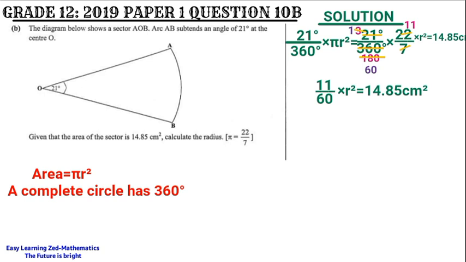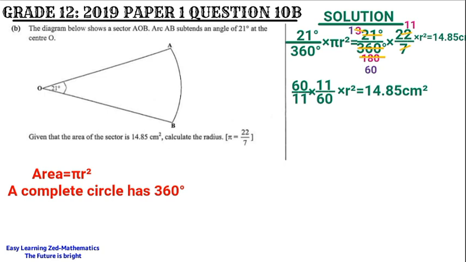What I've done is I've just turned this fraction, 11 over 60, upside down, where the denominator becomes the numerator and the numerator becomes the denominator. So I'm going to multiply by 60 over 11, which is the multiplicative inverse of 11 over 60.